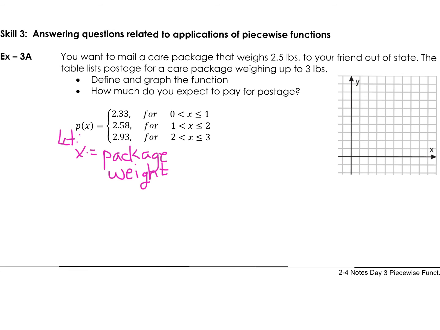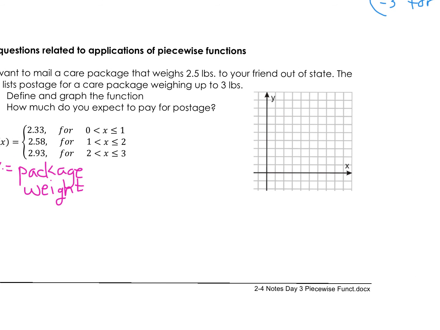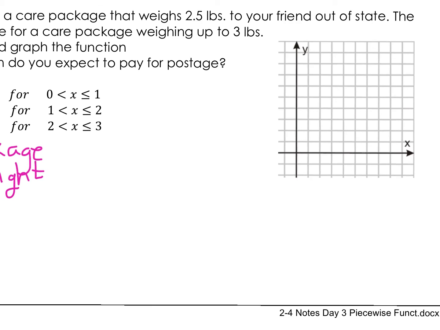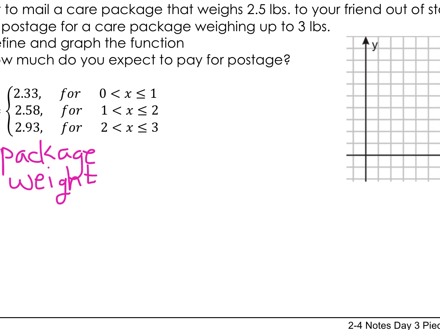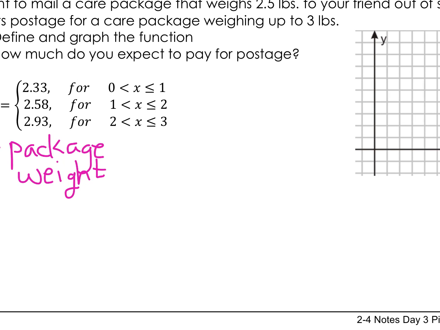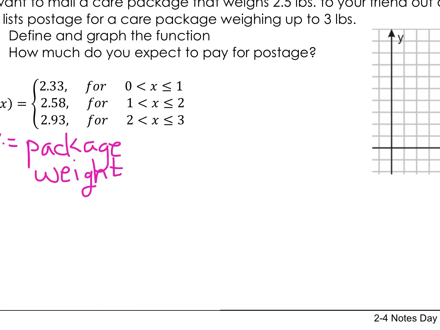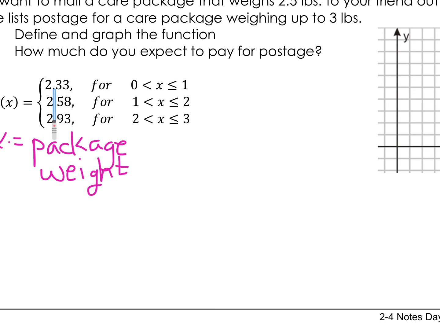Okay, and so we are going to graph this, and in order to graph that, we are going to try to make this a little bit bigger so that we can all see it. I'm going to use these values right here, and I'm actually going to do a broken graph. I don't normally do a broken graph, but I am for our purposes here.